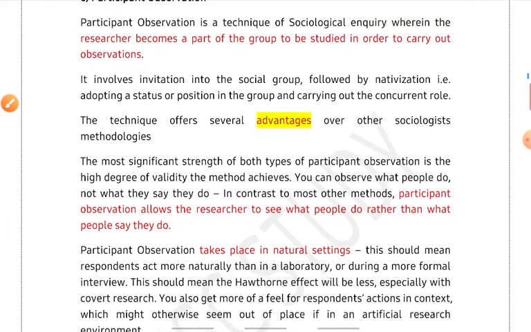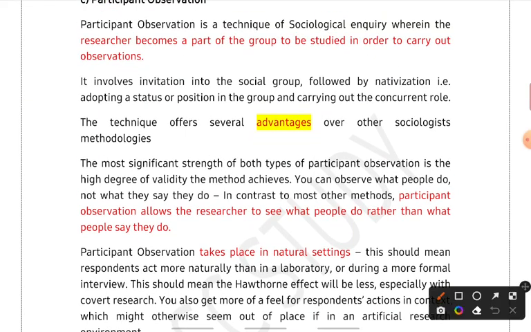So yes, we defined what participant observation is, and then how it is done: by becoming a native member, by adopting the status or positions in the group and carrying out the concurrent role, right? If you want to study a particular tribe in Andaman, the researcher has to go to that place.